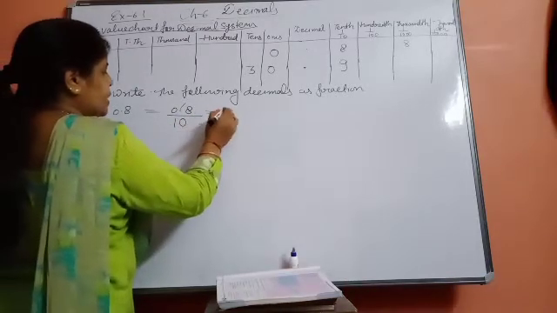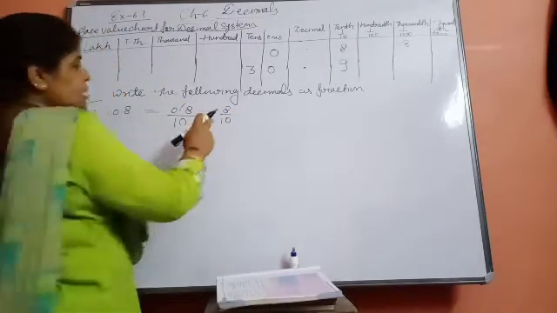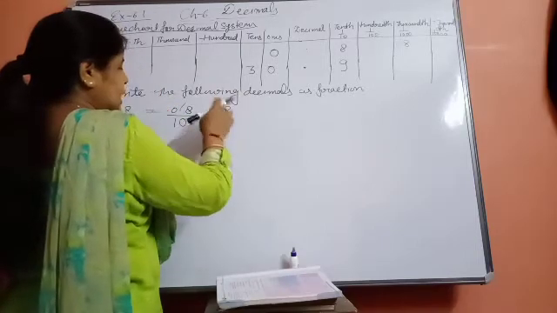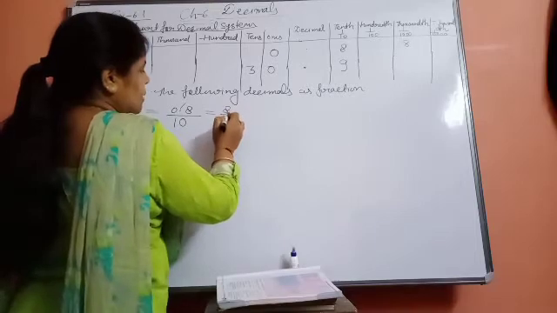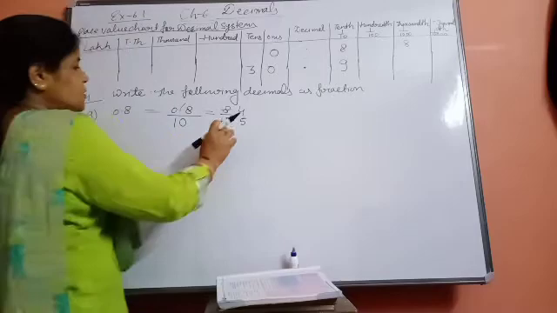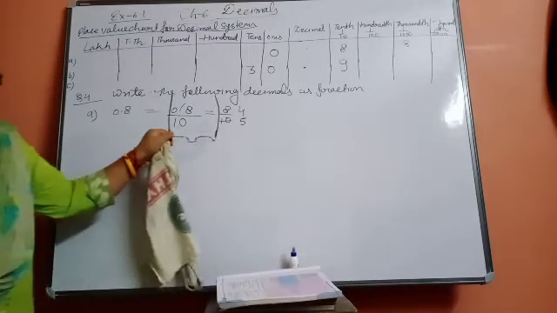So what will be its value? 8/10. Now you have to reduce it to the lowest form, means cut them by a single table number which can divide both the numbers. So we can see that in 2's table both the numbers are coming. 2 4s are 8 and 2 5s are 10. So the lowest form of the given 0.8 will be 4 upon 5.